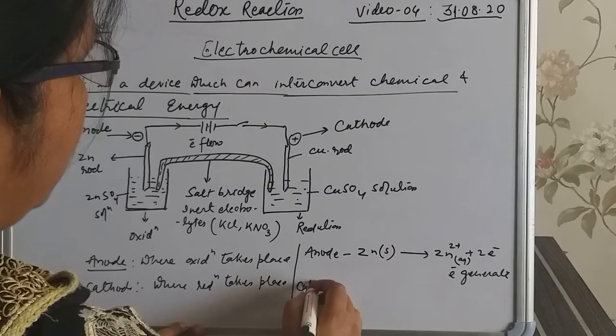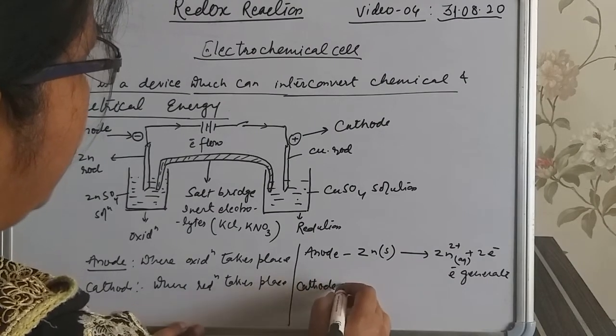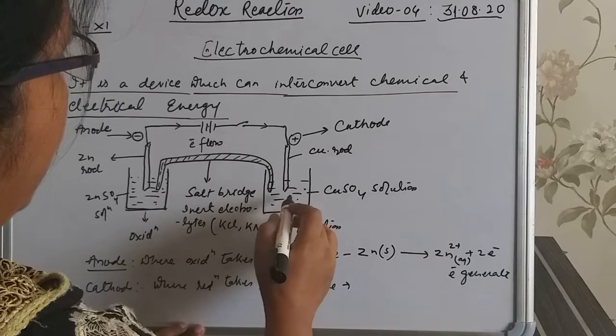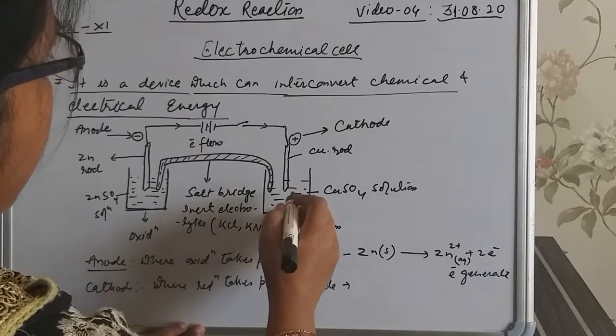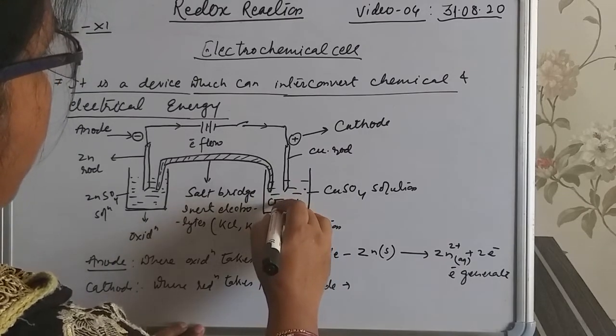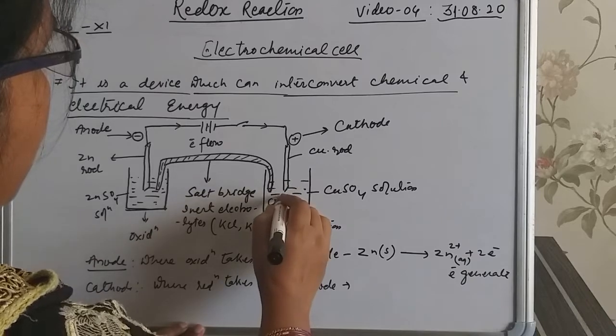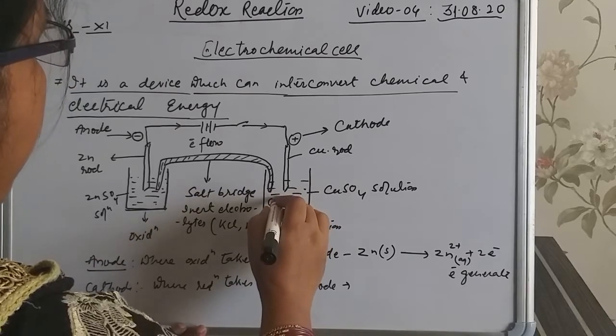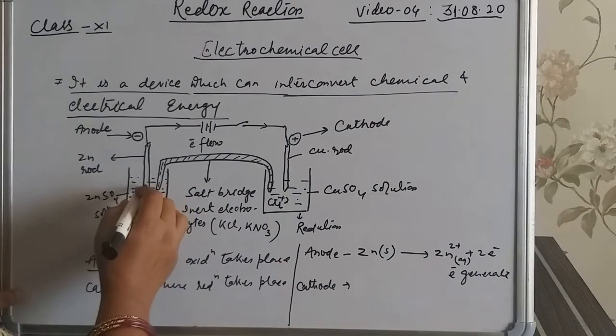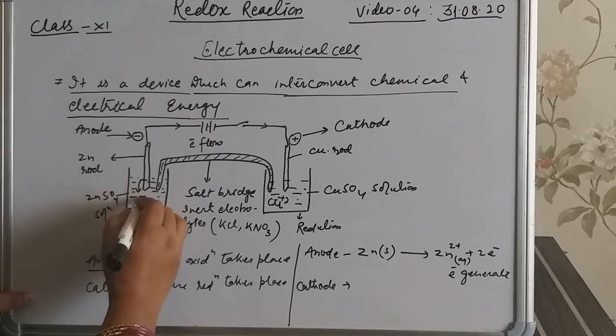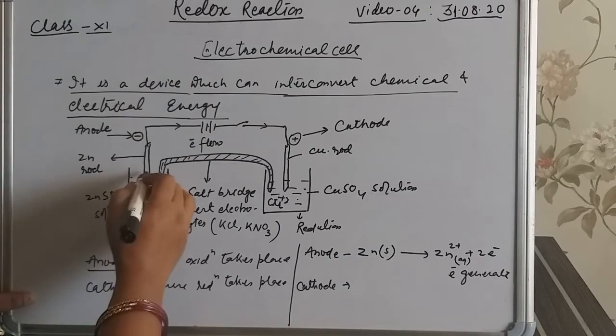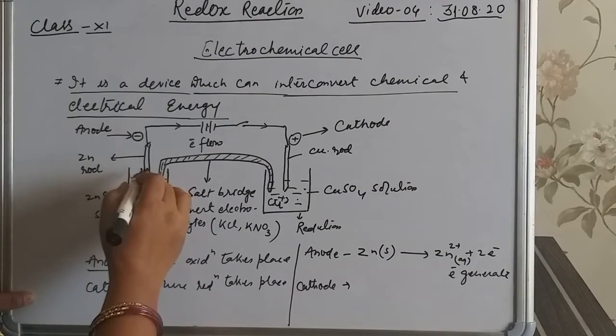At the cathode there is copper sulfate, so Cu2+ is present here. The zinc electrode comes into the solution in the form of zinc ion, and here the electrons are generated.